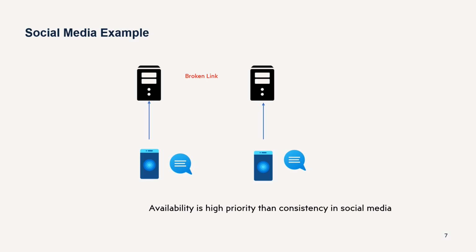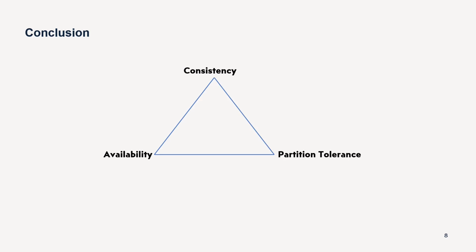So you have to decide in which situation which property is more important, and focus on that property so that our system is reliable and able to work properly in all scenarios.